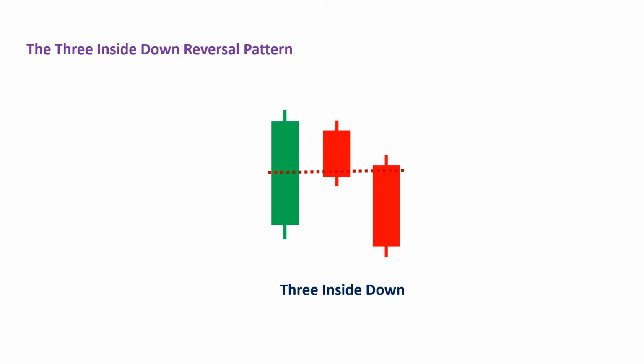Traders should always take into account additional factors and use various indicators before making any trading decisions. You see, the 3 inside up and the 3 inside down reversal patterns also come with complex names and instructions, making them challenging to remember.